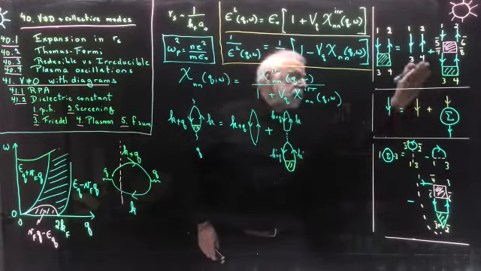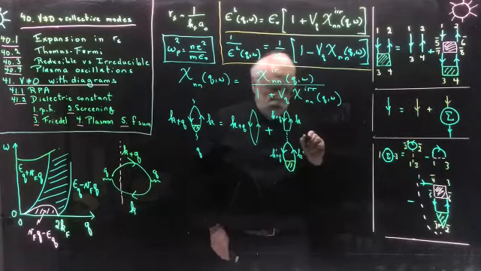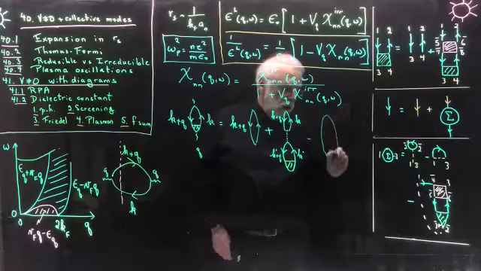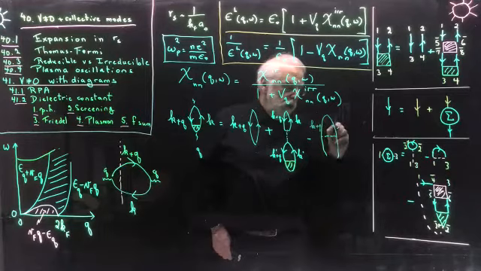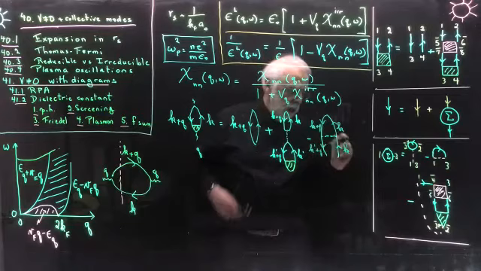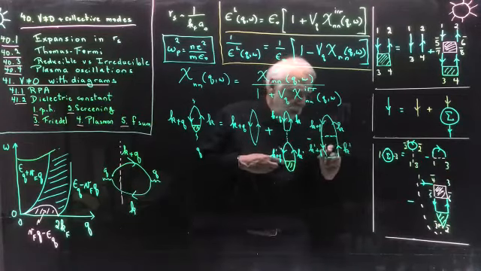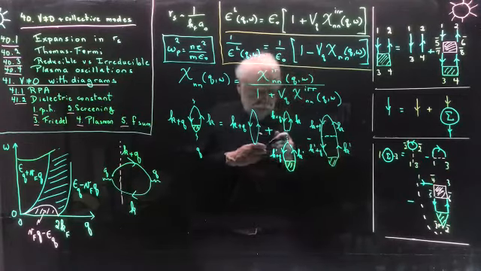And then there's this one here with a minus sign. So there's minus k plus q, k. And then I have k prime plus q, k prime. And then I stop here.